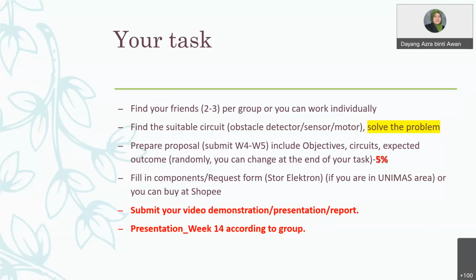For example, you want to propose an IR sensor circuit that can solve the obstacle problem of the car. But at the end, you come up with something that, for example, cannot detect sound. For example, at first you wanted to design something that can detect light and sound, but at the end you only come out with light. So sound it cannot. For sound you need to have a sound sensor.